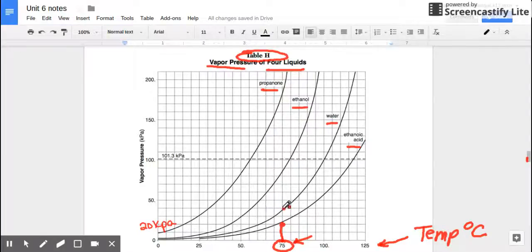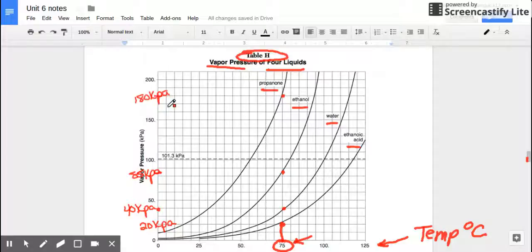If you go up to water, water has a vapor pressure of 40 kilopascals. So it's a little bit higher vapor pressure. If you go all the way up here, let's see, am I on the right one? Yeah. Ethanol will have about 85 kilopascals. And then if we follow it all the way up to propanone, propanone has about 180 kilopascals.